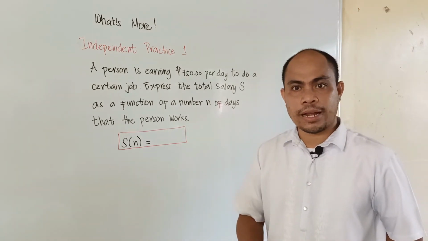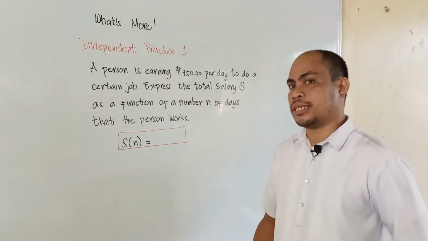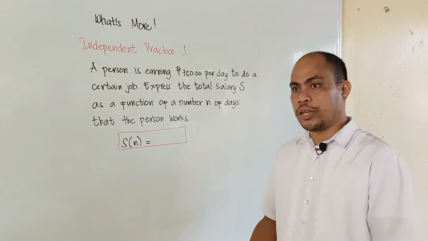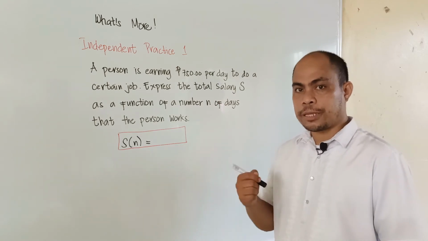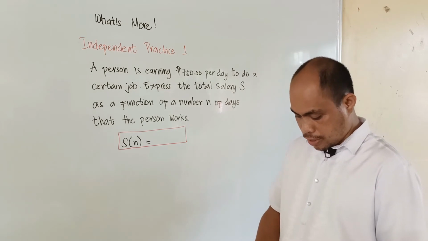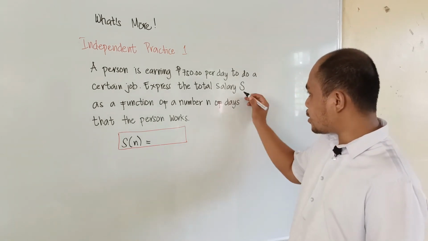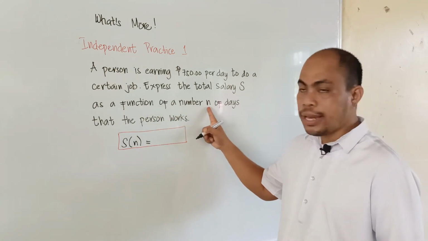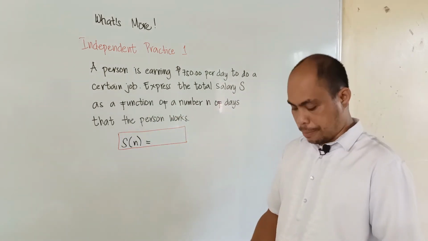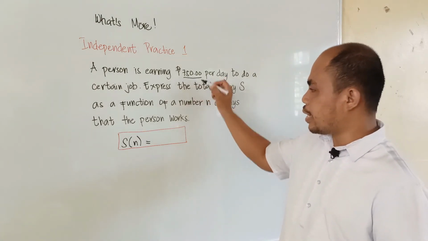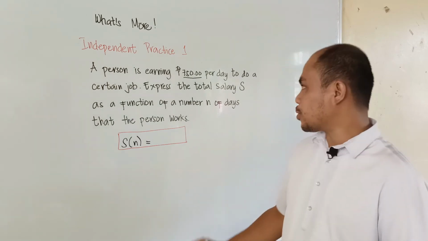Para malaman natin ang sweldo niya sa isang buwan, sa isang week. So, how do we know kung 750 pesos a day? Ilan? So, remember, yung S represents a function of the number N of days. N here stands for the number of days. So, remember, mayroon siyang earning na 750 pesos per day.